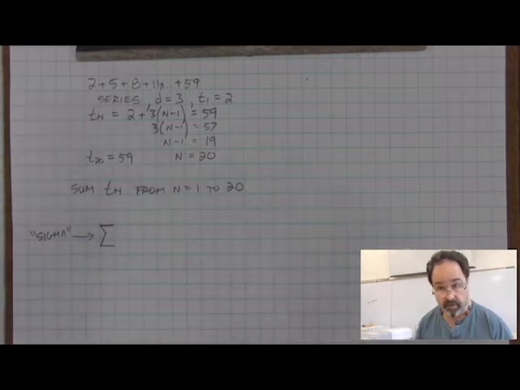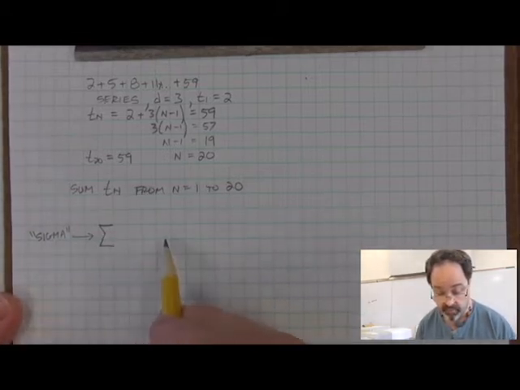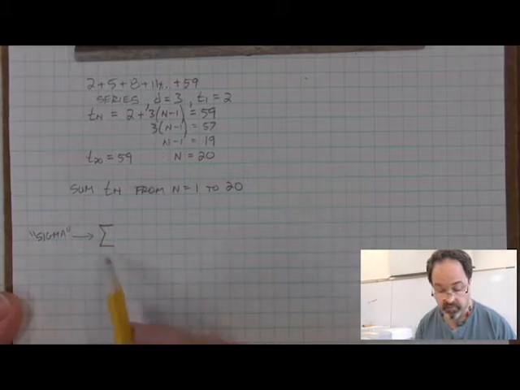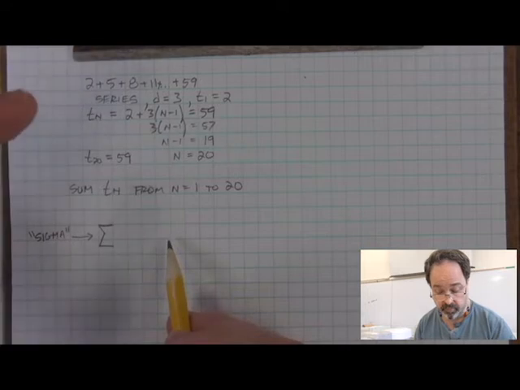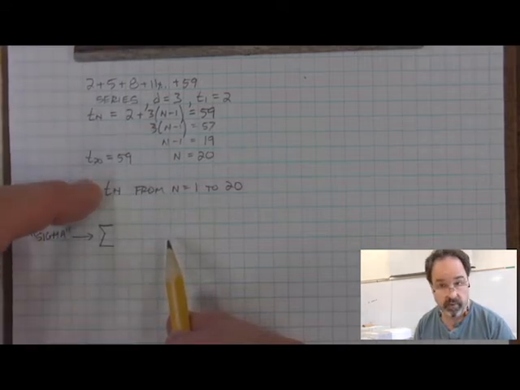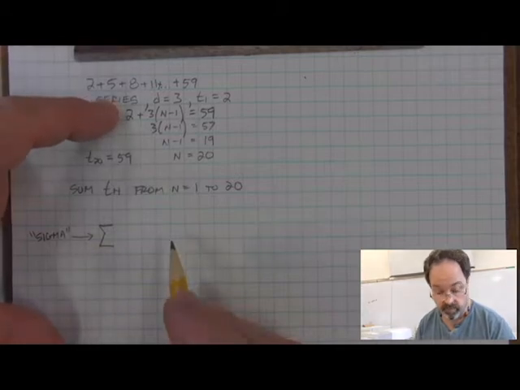It's a Greek letter S because it stands for sum. And what we add together belongs to the right of this symbol. If we're going to use sigma notation to stand for this series, then what we're adding together are term values. And those term values of this series are generated by this equation.